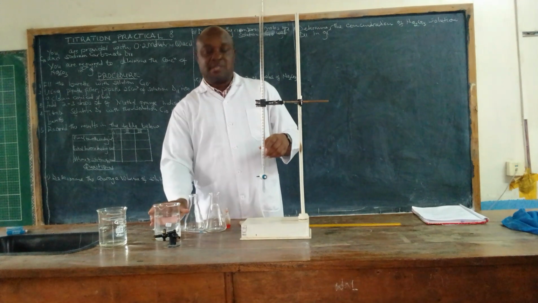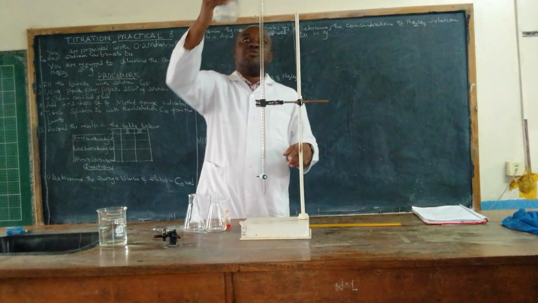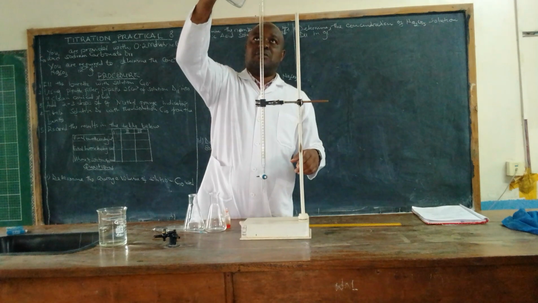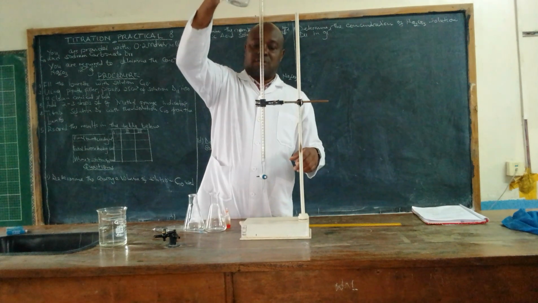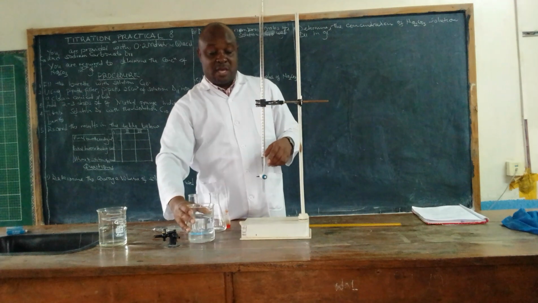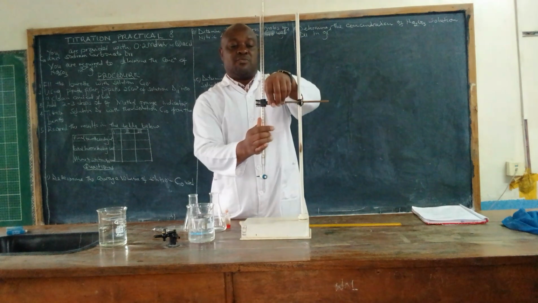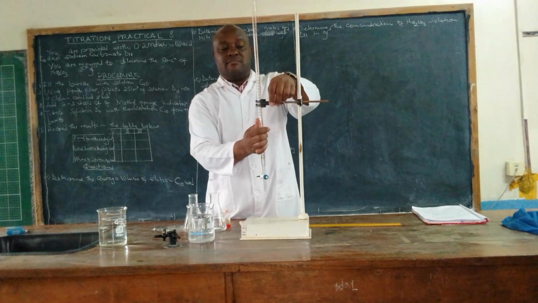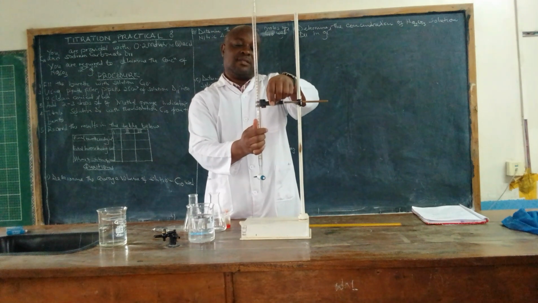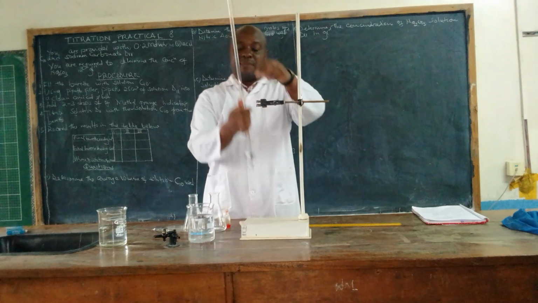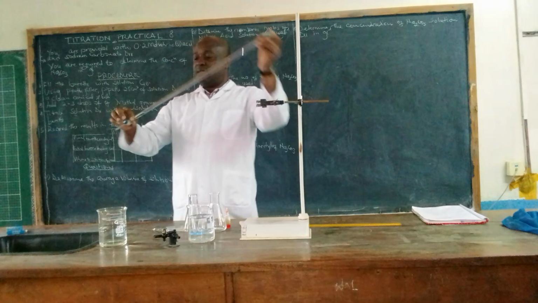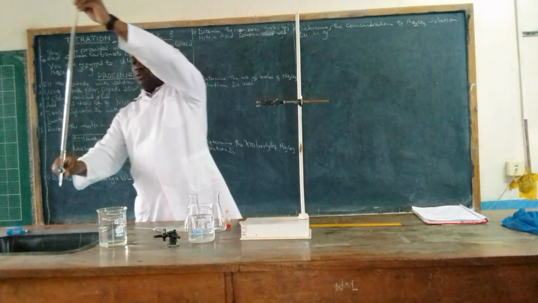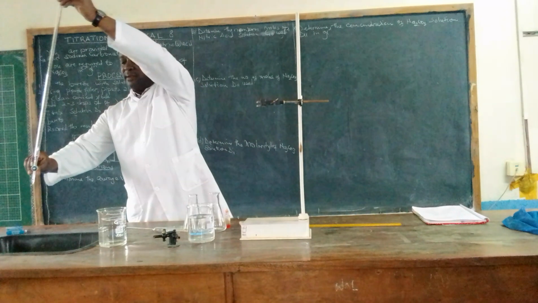But before I do it, I'm supposed also to rinse the burette with the solution, so that in case of any contamination of the burette, for example with another acid or with some dirt or anything that might interfere with the number of moles, it is removed. I rinse the burette with the solution, then I drain it in the sink like that.